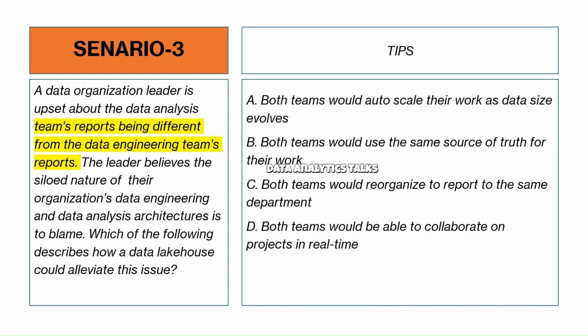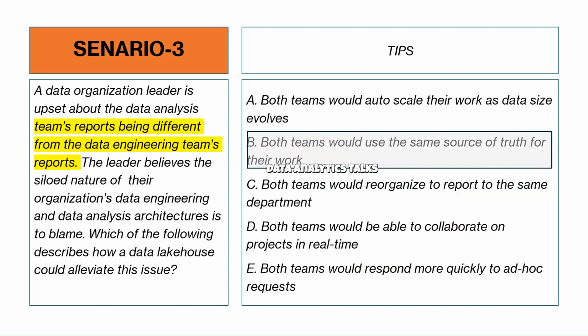Both teams would be able to collaborate on a project in real time. Both teams would respond more quickly to ad hoc requests. So what would be the answer for this? The answer is nothing but both teams would use the same source of truth for their work. That is the benefit of a data lakehouse. The data lakehouse is going to give you a single source of truth.